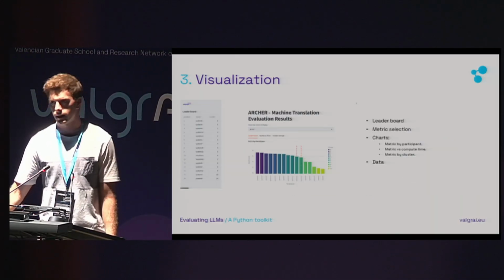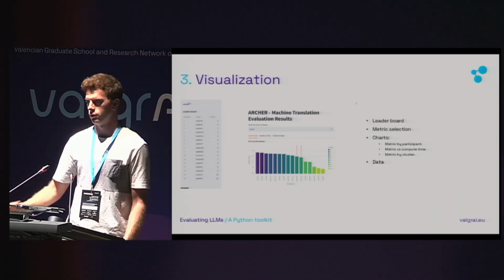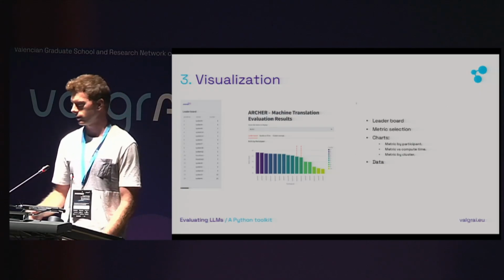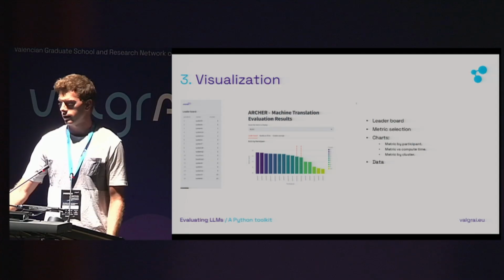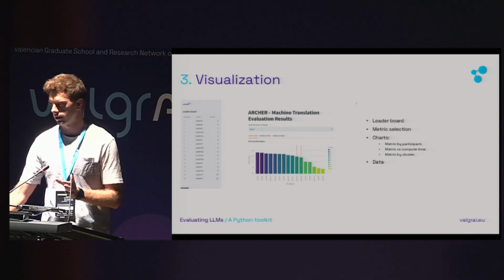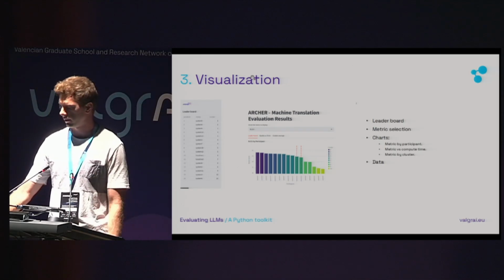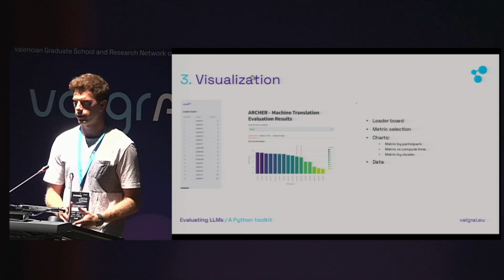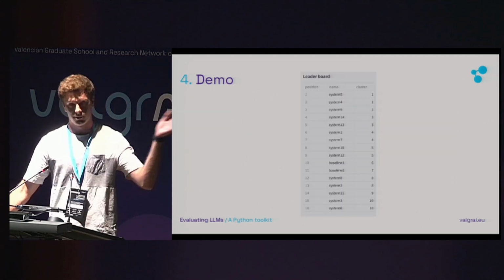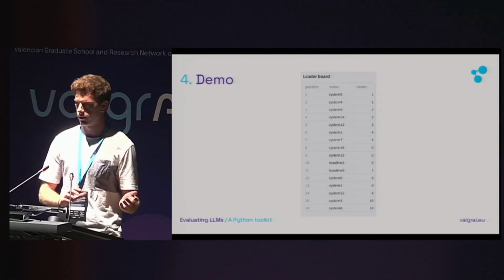We also provide a visualization tool to watch all the results of the competition, and it shows a leaderboard, and it's interactive, so you can select the metric, some charts, and finally the possibility of downloading the data. So this is the leaderboard of our demo.